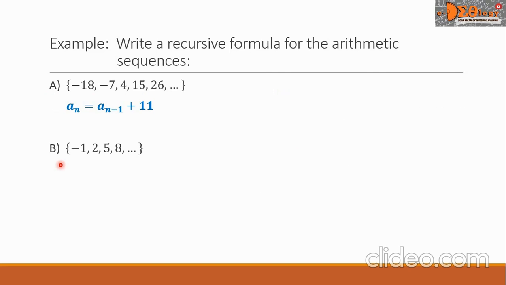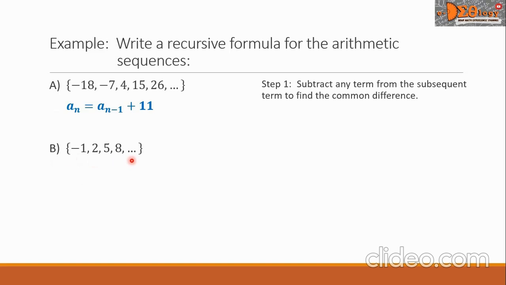Let's now solve problem B. Negative 1 as the first term, positive 2 second term, 5 third term, and 8 as the fourth term, so on and so forth. So step 1 is we subtract any term from the subsequent term to find the common difference.